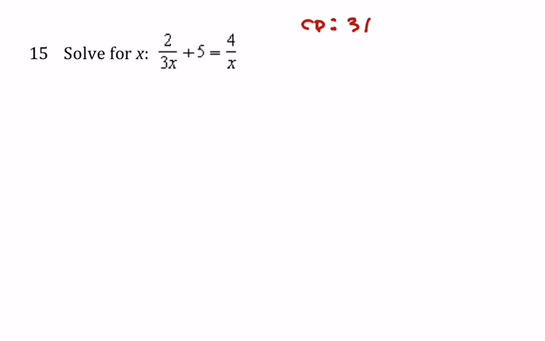How about number 15? In this case, yes, the common denominator is 3x. So same way as before, we're going to multiply by 3x in all three terms. And then look for the cancellation here.